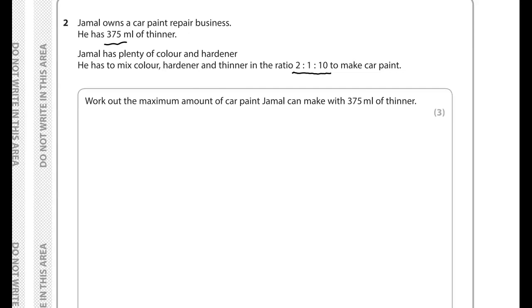First of all, let's rewrite the ratio again. So 2:1:10. 2 is for colour, 1 is for hardener, and 10 is for thinner.